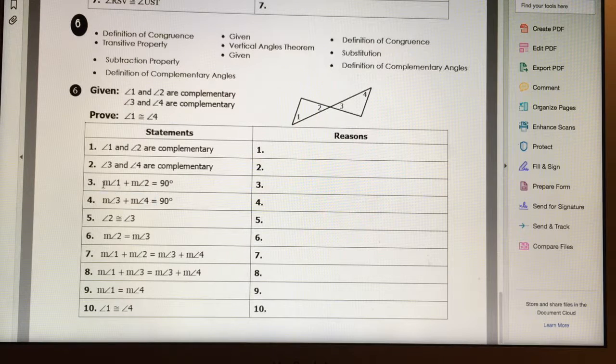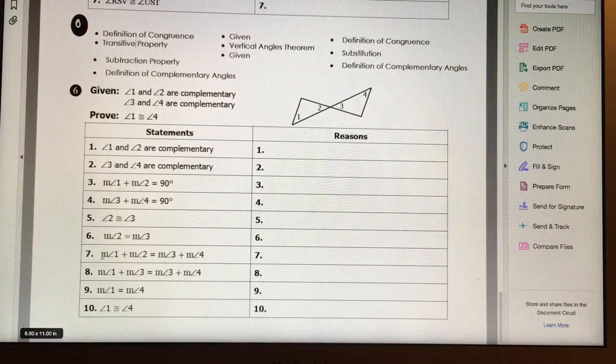If two separate things are both equal to 90, then we can say they're equal to each other by the transitive property. And remember, make sure you're marking these out as you go, so you're able to use process of elimination as well.